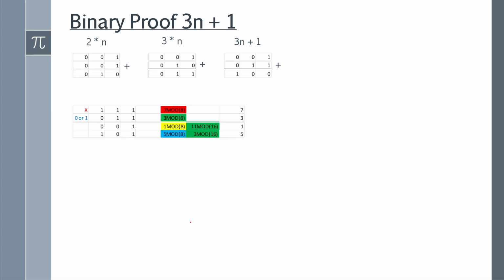Half of 3 mod 8s are 11 mod 16s, and half of them remain 3 mod 16s. And all 3 mod 16s go to 5 mod 8. All 11 mod 16s go to 1 mod 8s, and we'll dig into this more later on.